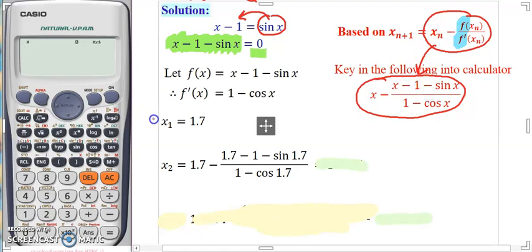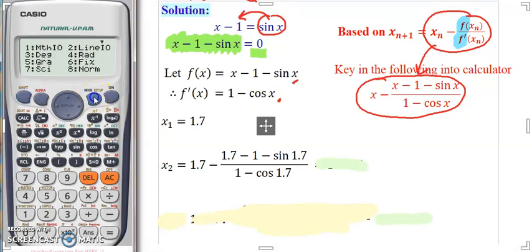So now let us key in the function. But before that, take note. The question here is about trigonometry, so for safety, please set your calculator to radian mode. On my calculator, radian mode is set by pressing shift mode, then choosing radian.